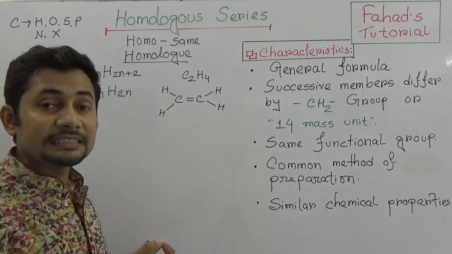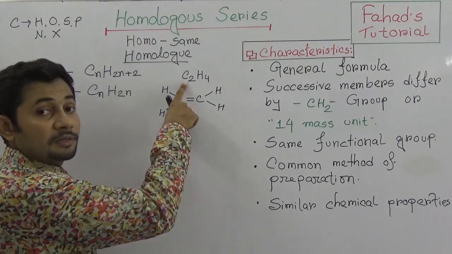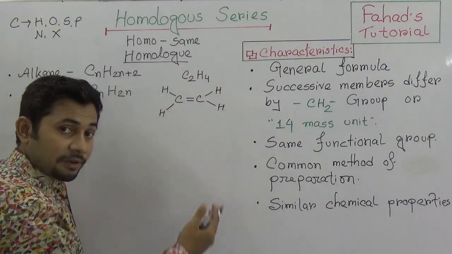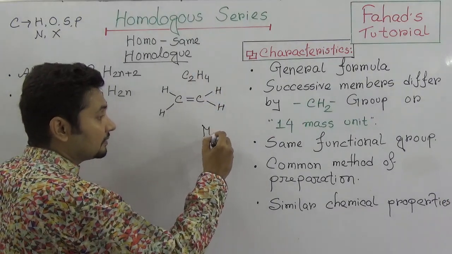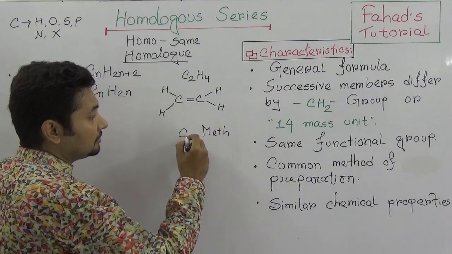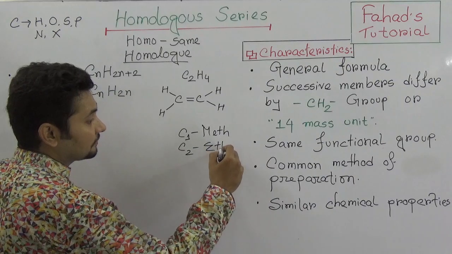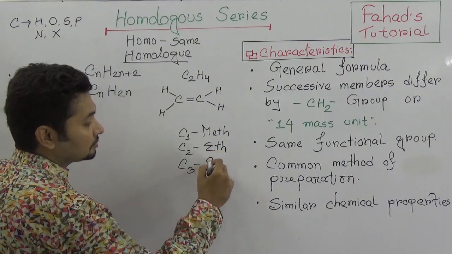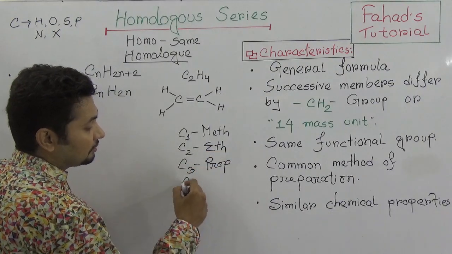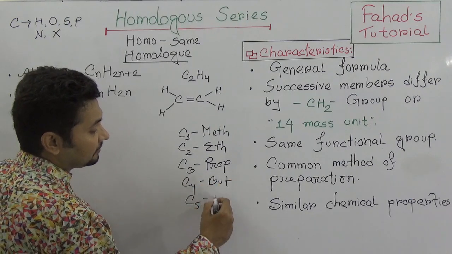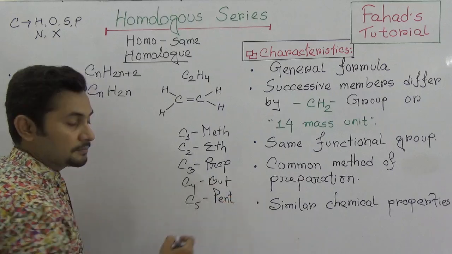So why do we say this is ethene? Because the carbon number is 2. We know that according to the Greek numbers, meth means carbon 1, carbon 2 is eth, carbon 3 is prop, carbon 4 is but, carbon 5 is pent.